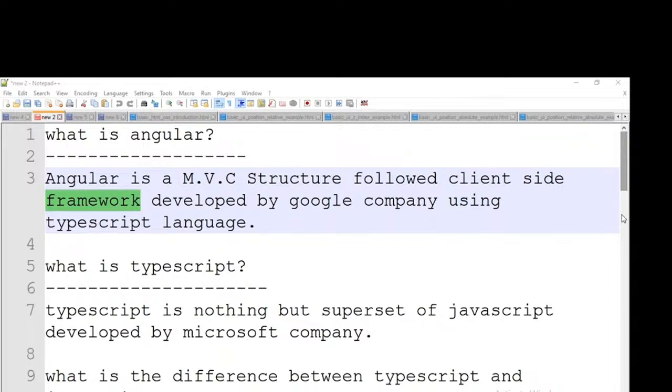So a framework is nothing but a code related structure, with partitions. Here are database related queries, here model related complicated logic, and here some user interface related things. All those things they will give.